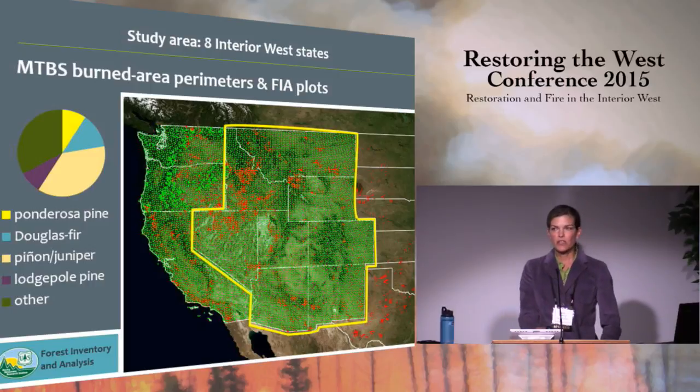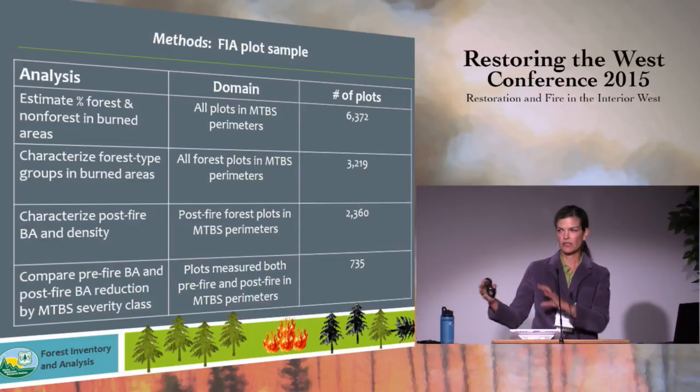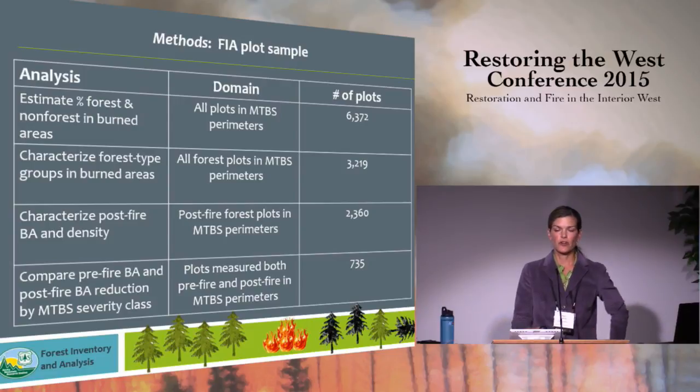So we had some specific questions that we wanted to ask by relating these 2 data sets, and depending on the question, we wanted to use slightly different sets of FIA plots to answer those. First, we wanted to estimate the percent forest and non-forest within burned areas.